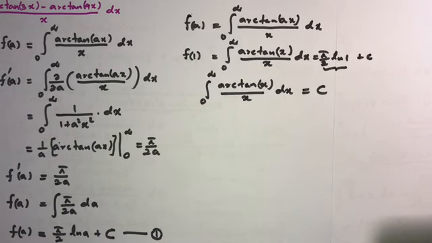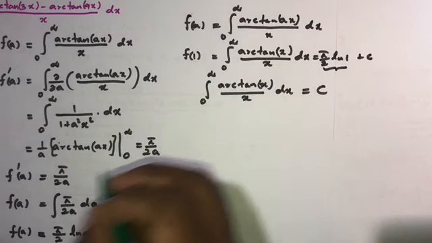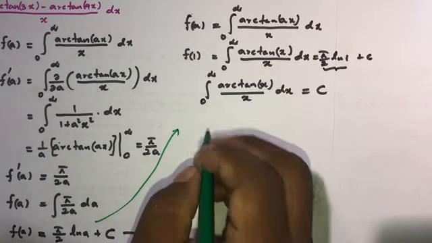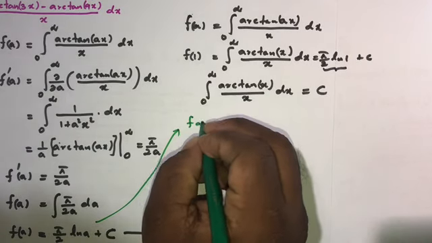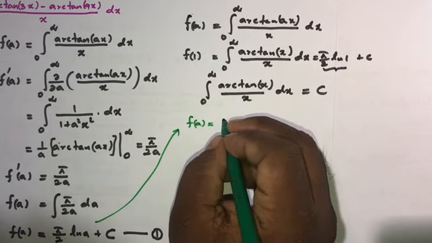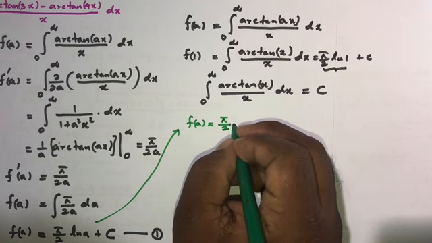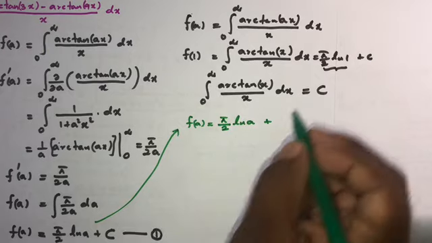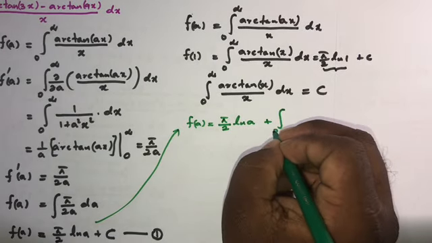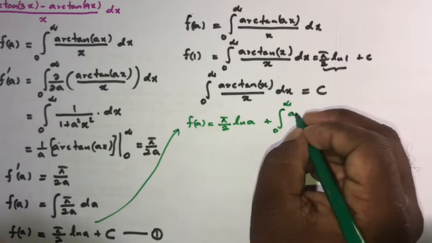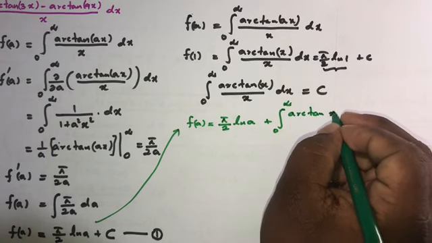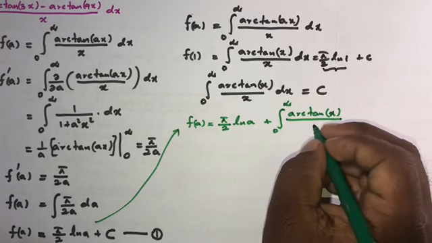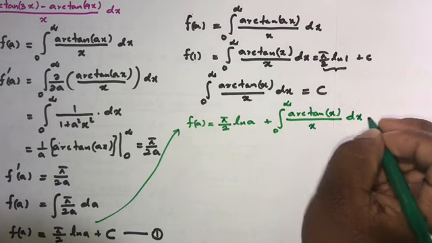Now from equation number 1 we can rewrite again. So f of a is equal to pi over 2 natural log of a plus c, where c is equal to the integral from 0 to infinity of arctan of x over x dx.